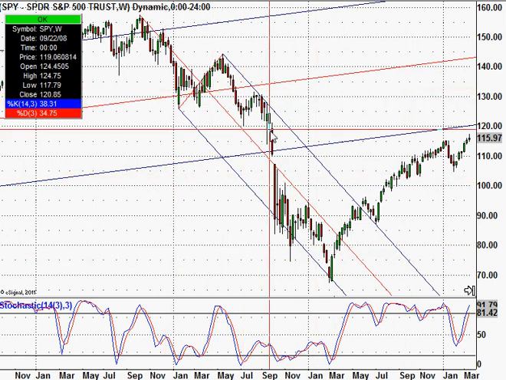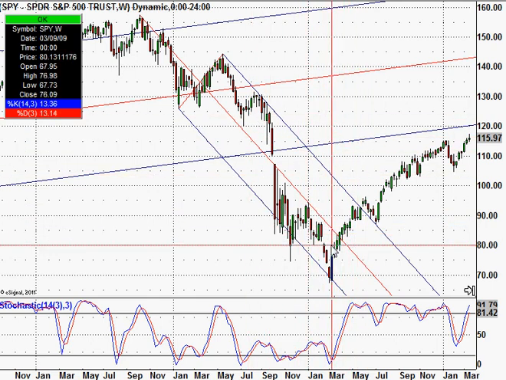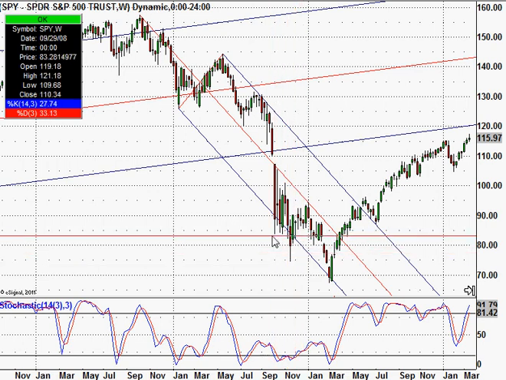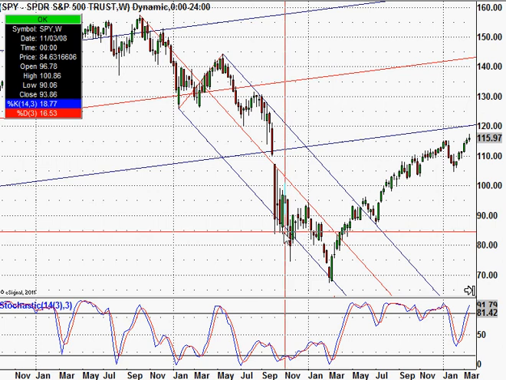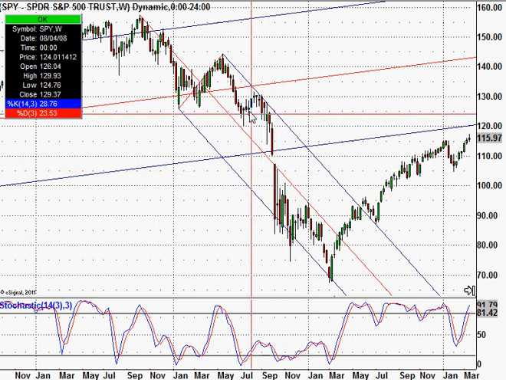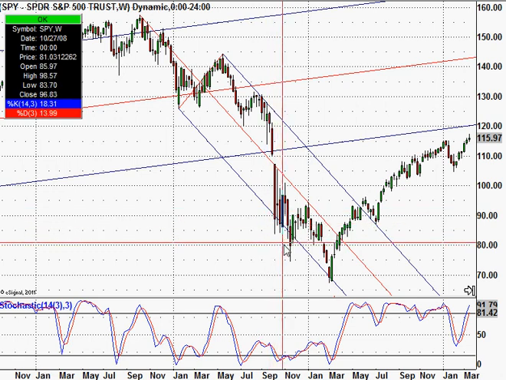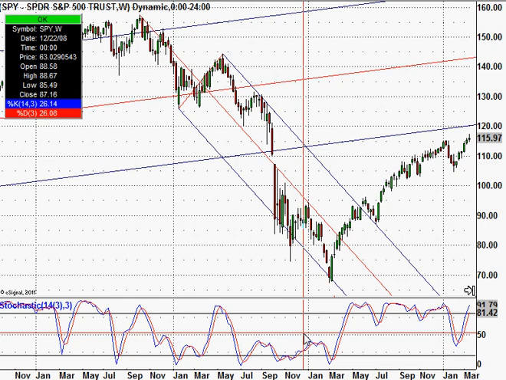So as long as it's within the channel, it means it's going to be there for at least a while longer. When it breaks one side of the channel, usually the side that the channel is going, in this one, a downward move, it broke down, then it means that a few months after, it reversed.